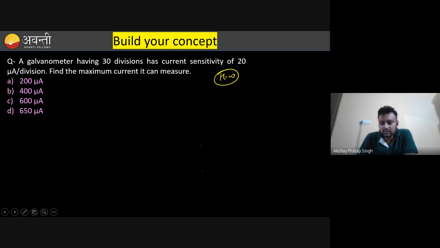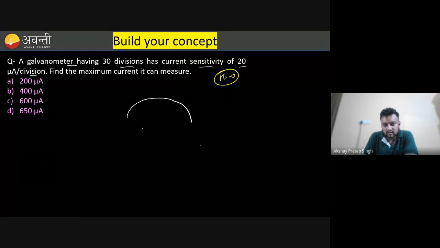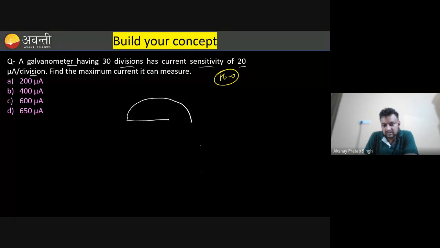Now, if I go through the question very quickly: a galvanometer having 30 divisions has a current sensitivity of 20 microampere per division. Let's suppose this is the galvanometer and in total it has 30 divisions like this: 1, 2, 3, 4, and like this there are a total of 30 divisions.